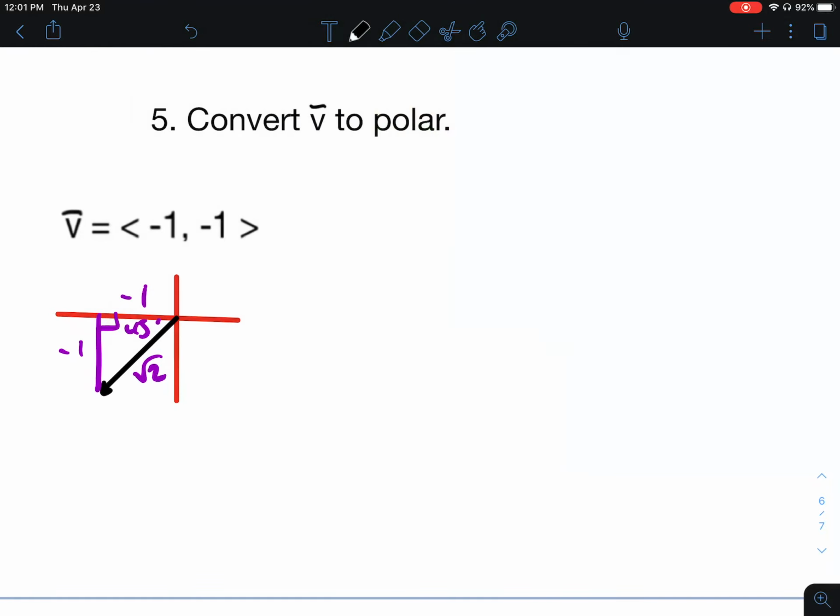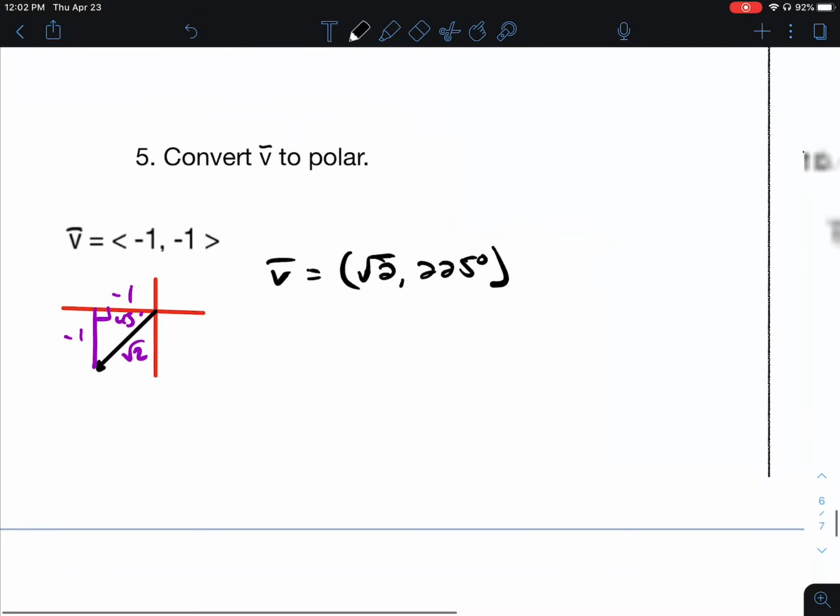So that's going to make this vector v, put the radius first, the magnitude, followed by the angle. 180 plus 45 is 225 degrees.